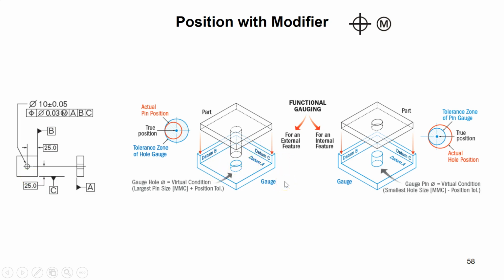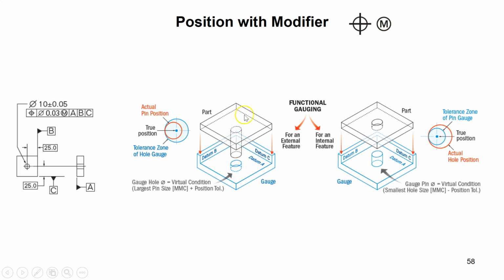Good? Fine. Now, how do I check whether I receive something, and I want to know whether this part that I received is in spec or not? How do I inspect it? So the part that I have in this case is an external feature. So it's this top part here, this guy.